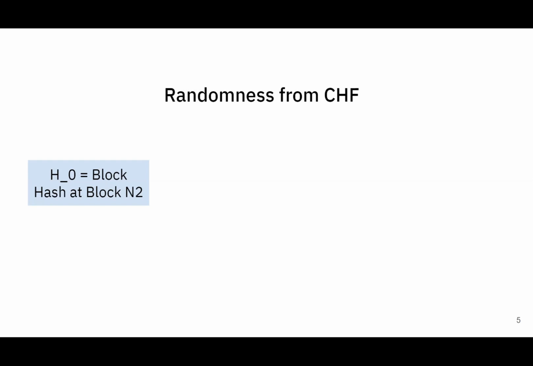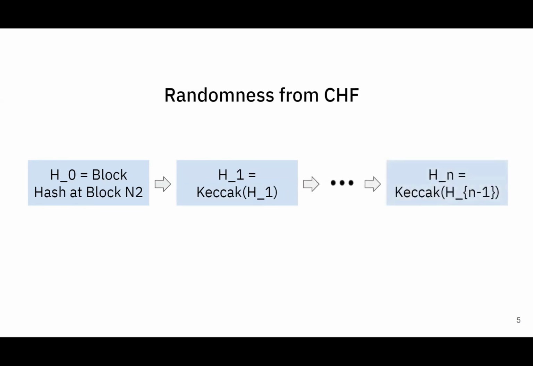We take the block hash as H0, then feed it into the Keccak hash on the Ethereum Solidity contract. It's very efficient, about 50-something gas. We just keep doing this Keccak hash n times, then we can draw whatever number of lotteries we want.